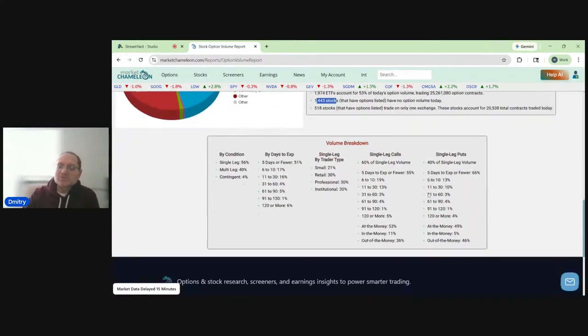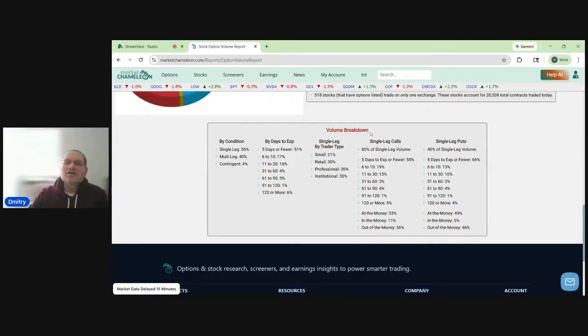We also could come down here and get a breakdown of the volume further by putting it into components. When we look at option volume or option trades, they could be executed as single leg trades, buying a call or put, or entered as a multi-leg trade with a call spread, put spread, butterfly, and so forth.